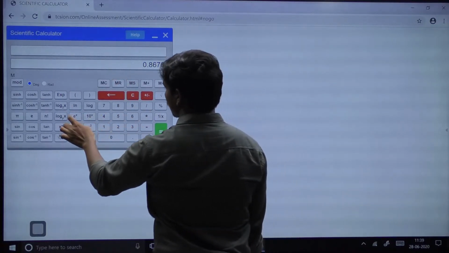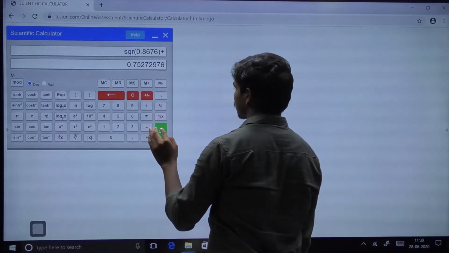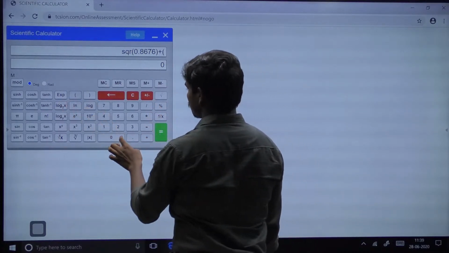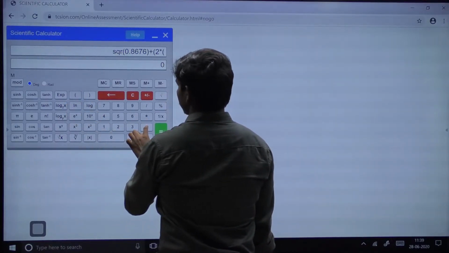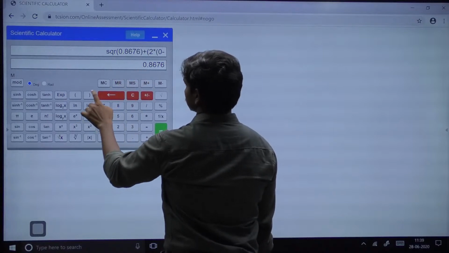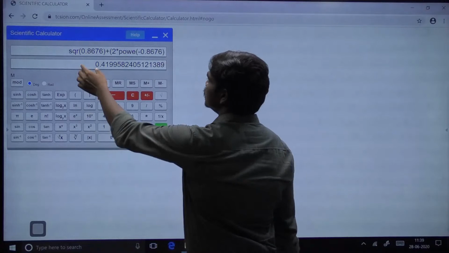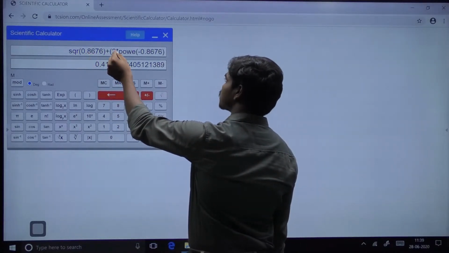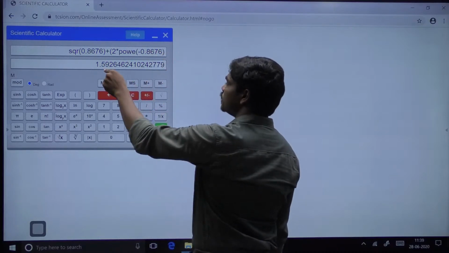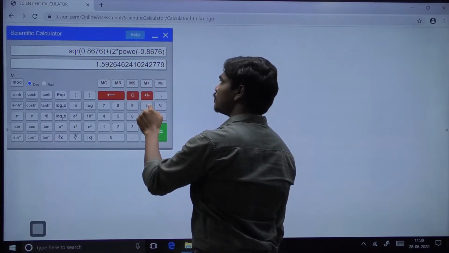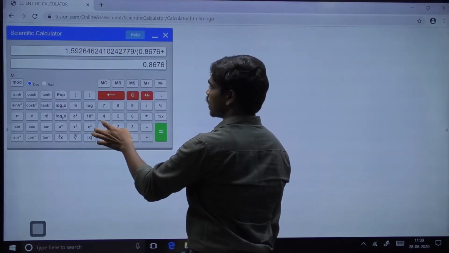Next, the square of this plus 2 times e power minus x. So 2 times of minus x into exponential. This gives me 0.8676 squared plus 2 times e^{-0.8676}, whose value is 1.592, divided by x0 plus 1. So memory recall plus 1.